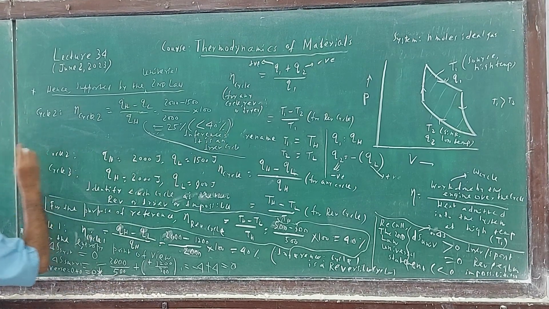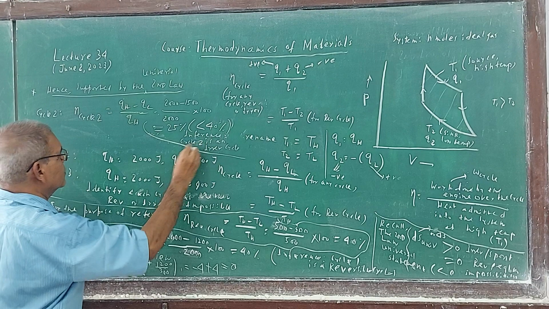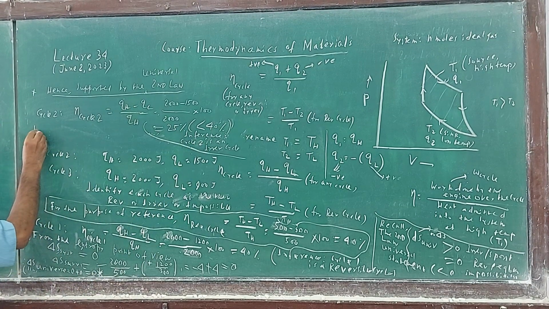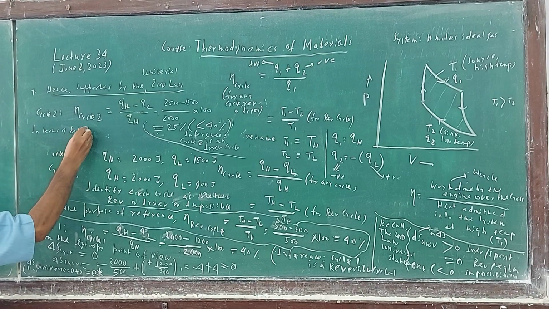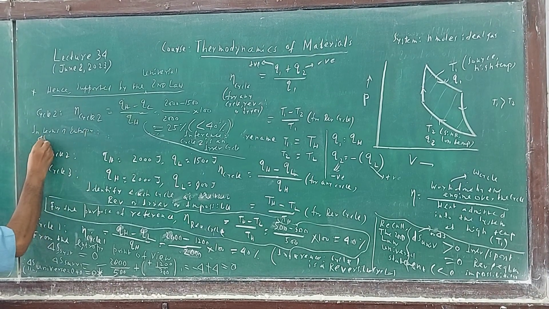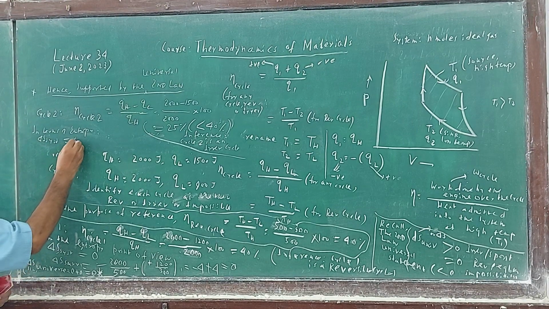So cycle 2. In terms of entropy, delta system and delta surrounding: zero again since it is cyclic, like last time.